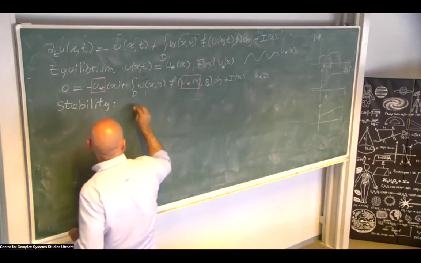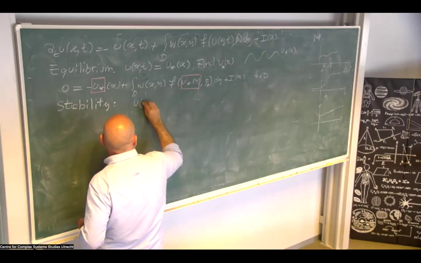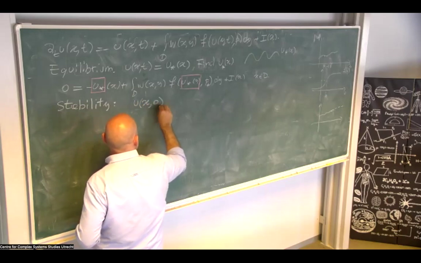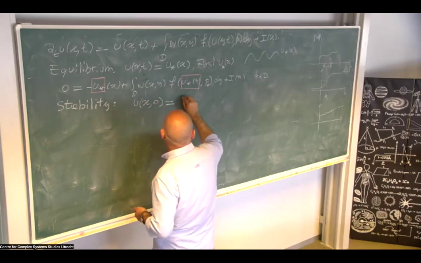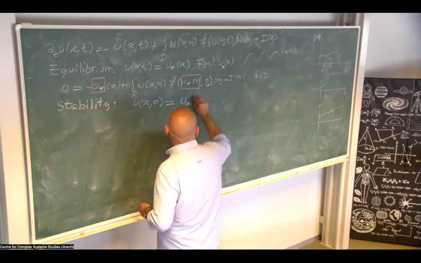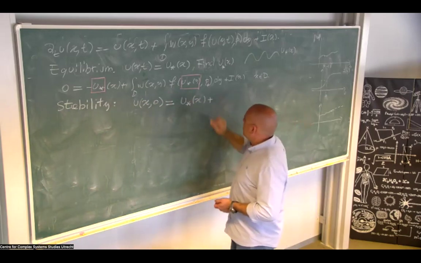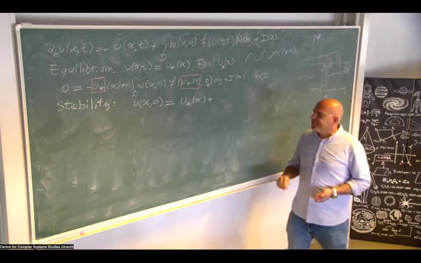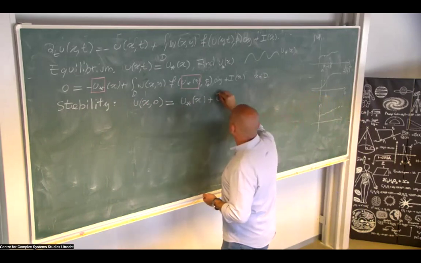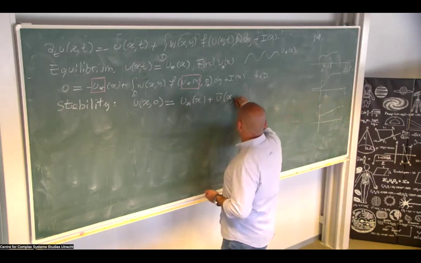The stability problem says start at time t0 with the true solution that you just found up there, plus some small perturbations. So I'm going to call these perturbations u tilde of x at time 0.